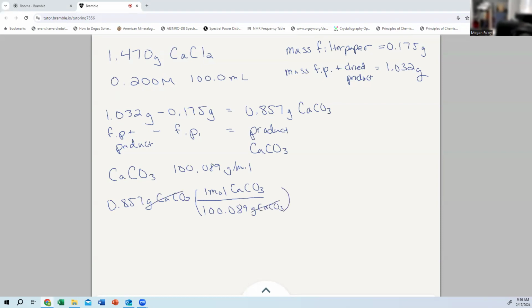We see we're canceling out our grams of CaCO3, leaving us with moles of CaCO3. And this gives us 0.00856 moles of CaCO3. So this is our actual yield in grams, and this is our actual yield in moles.